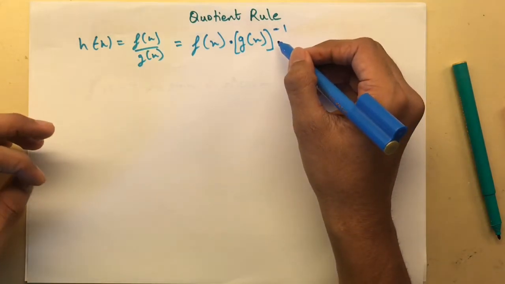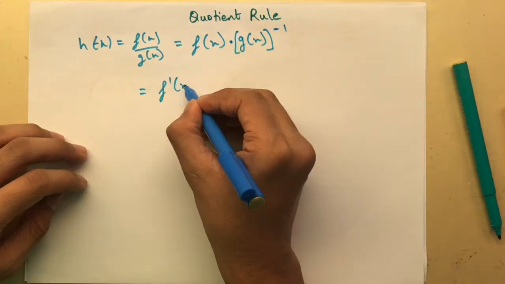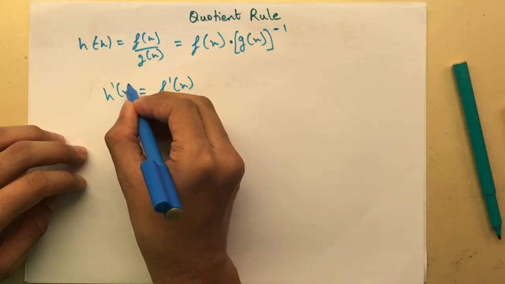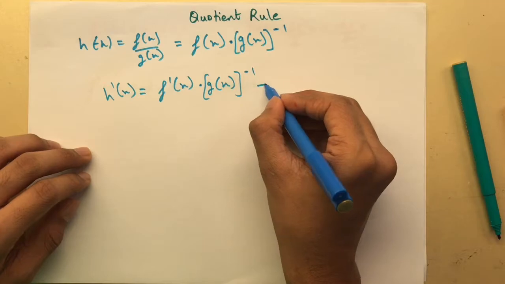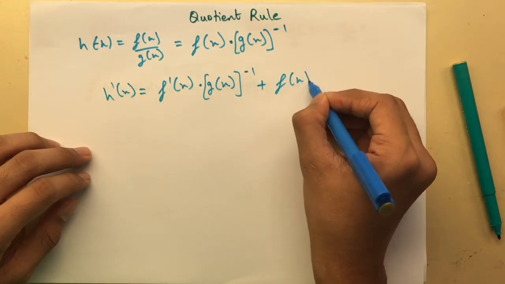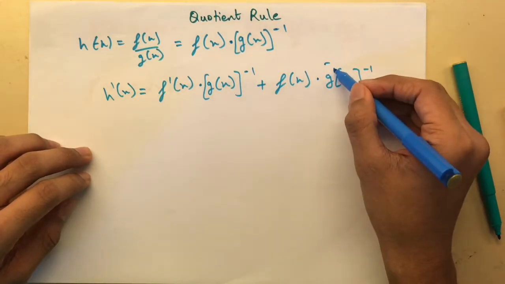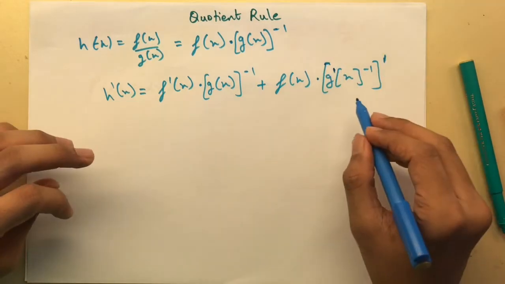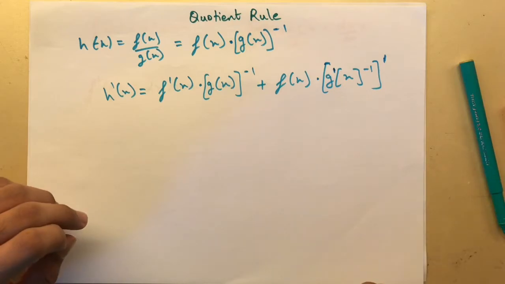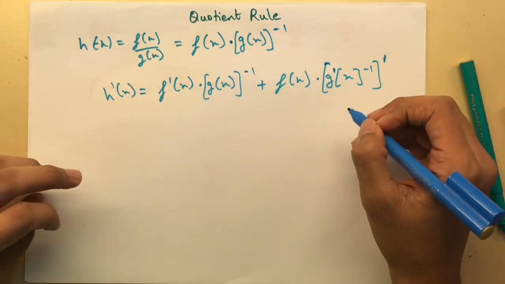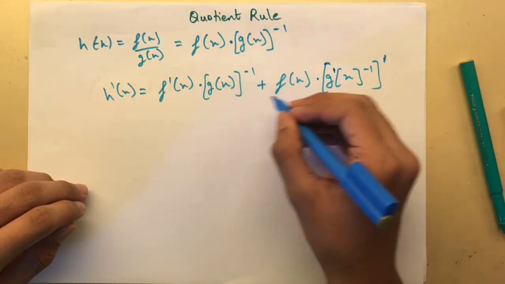So using the product rule, we know that the derivative of h of x would be the derivative of f of x times 1 upon g of x plus f of x times the derivative of 1 upon g of x. This cannot be mistaken for 1 upon the derivative. It is the derivative of 1 upon the function. So you would have to use the chain rule in this case to take the derivative of it.